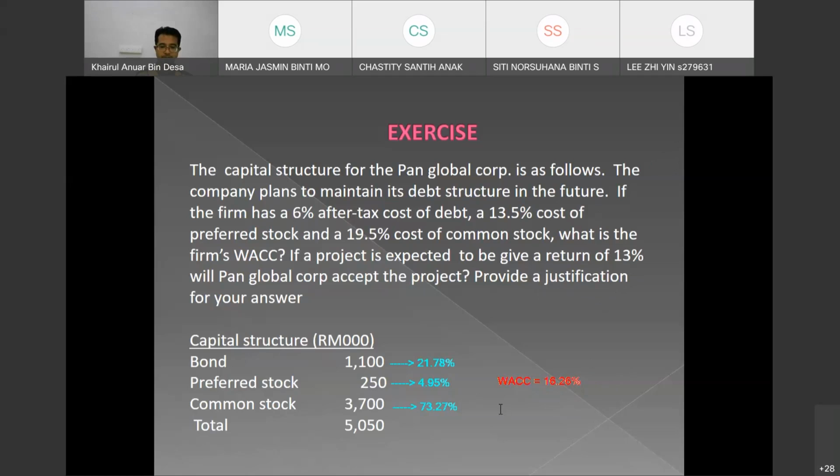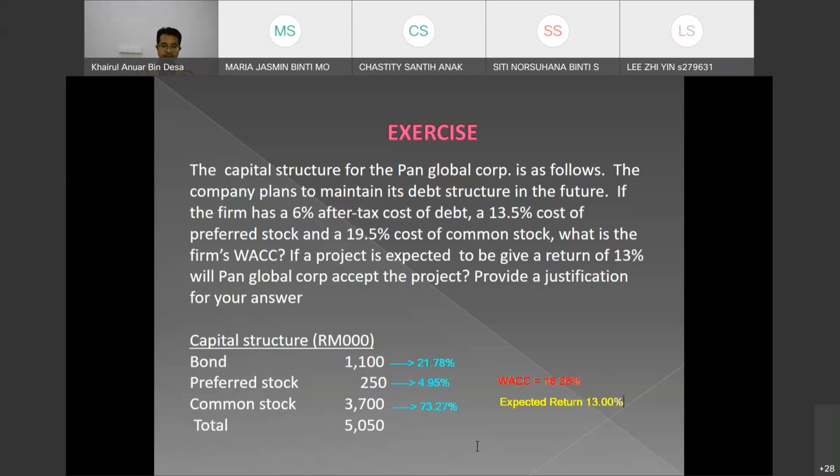So expected return here is 13%. Okay, expected rate of return here, 13%.